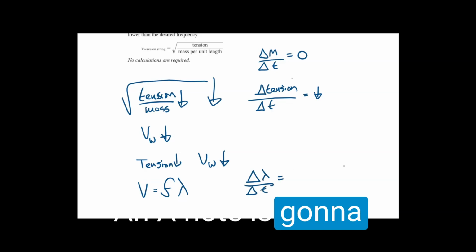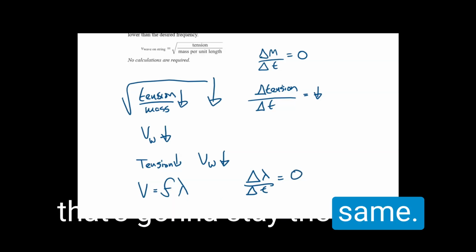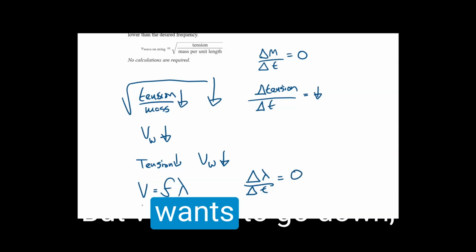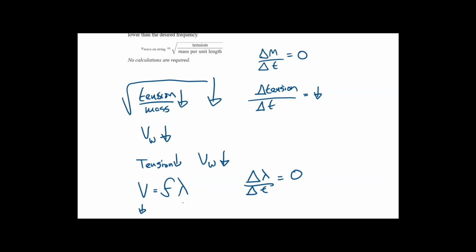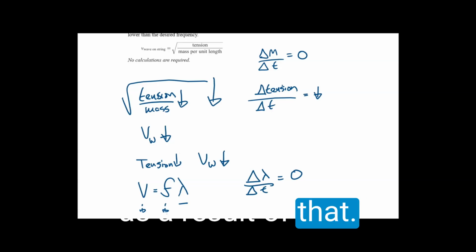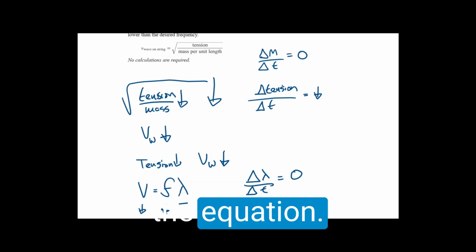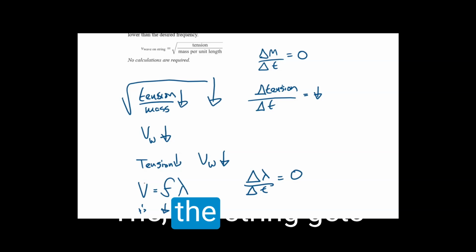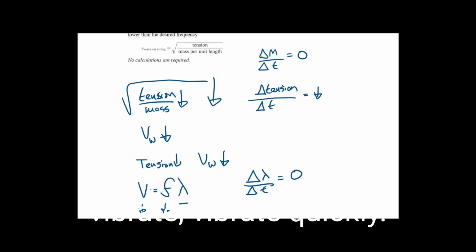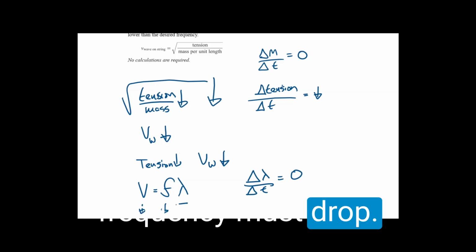An A note is going to be an A note, so it's going to stay the same. But V wants to go down, so the frequency must go down as a result of that. Mathematically, that's the equation. The string gets less and less able to vibrate quickly, therefore the frequency must drop.